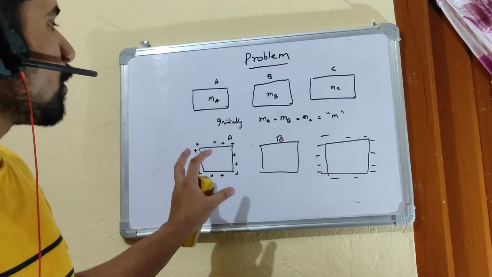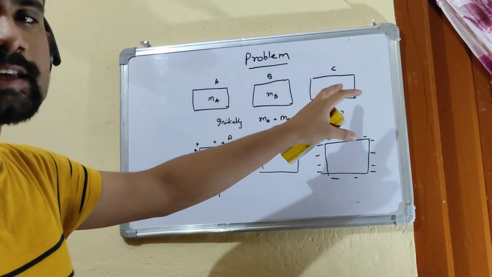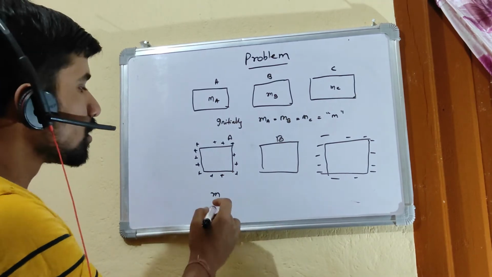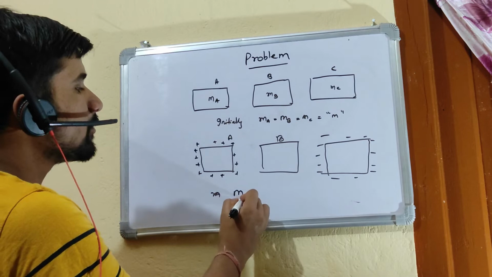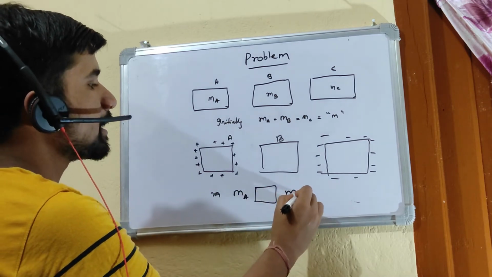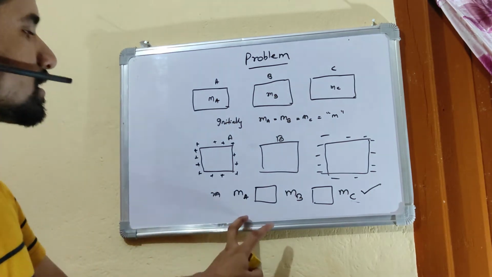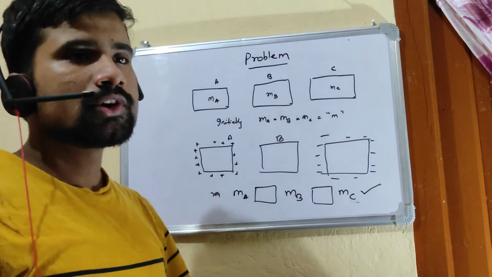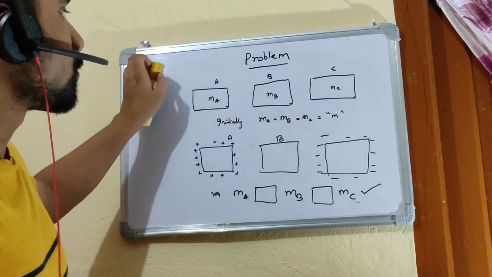So now we have mass of A as ma, again B as mb, and C as mc. So now can we say that this equality still holds? Now I want to know what is the logical relation between ma, mb, and mc. So this is the question: what is the logical relation between ma, mb, and mc? So you need to analyze the question and give me the answer.